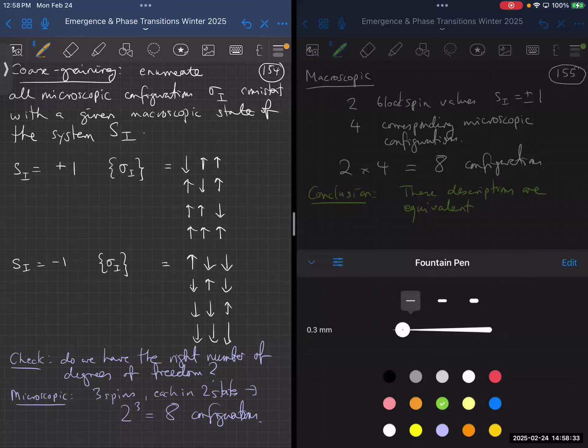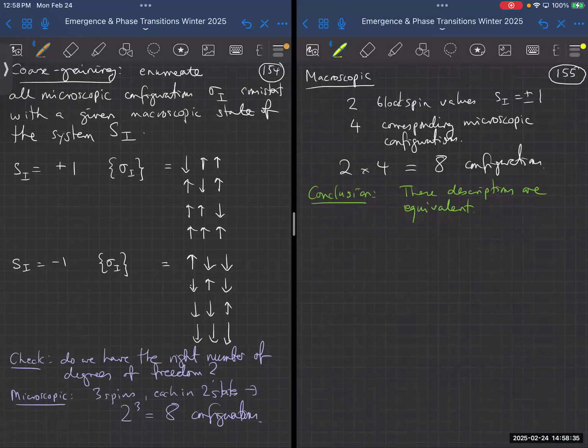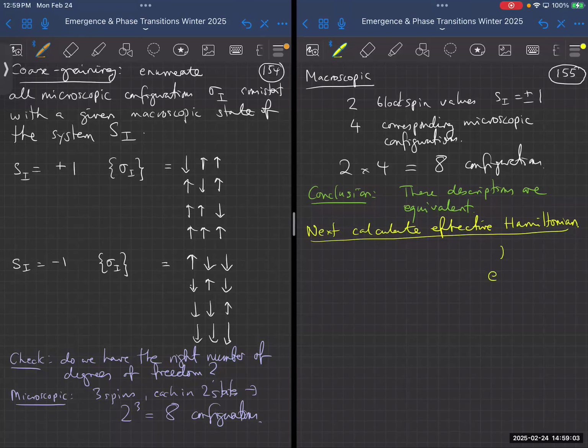Now, what is the thing that we want to calculate? What we want to calculate is the effective Hamiltonian. So how do we calculate the effective Hamiltonian? Well, remember how we defined it. We start off over here on the right with our original Hamiltonian, the Ising Hamiltonian.